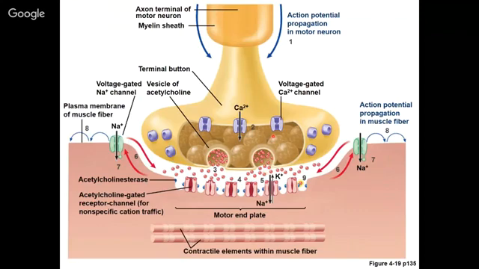It just works out that if it connects in the middle and causes an action potential to go in both directions, right? So that way and that way. It turns out that this is an efficient way of causing contraction of the muscle cell as a whole, okay? So this movement in both directions causes contraction of this muscle fiber.